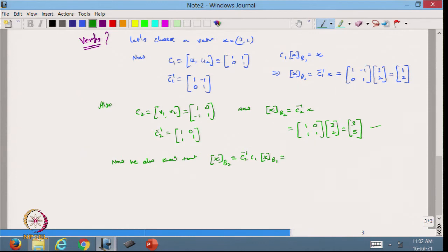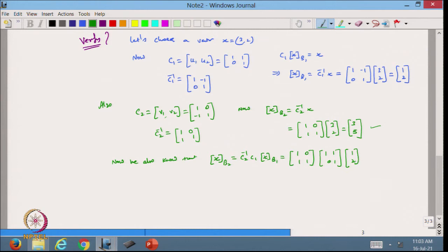So, let us do this one. C2 inverse is this, 1 0 1 1, and C1 is 1 1 0 1, and x with respect to B1 is 1 2.